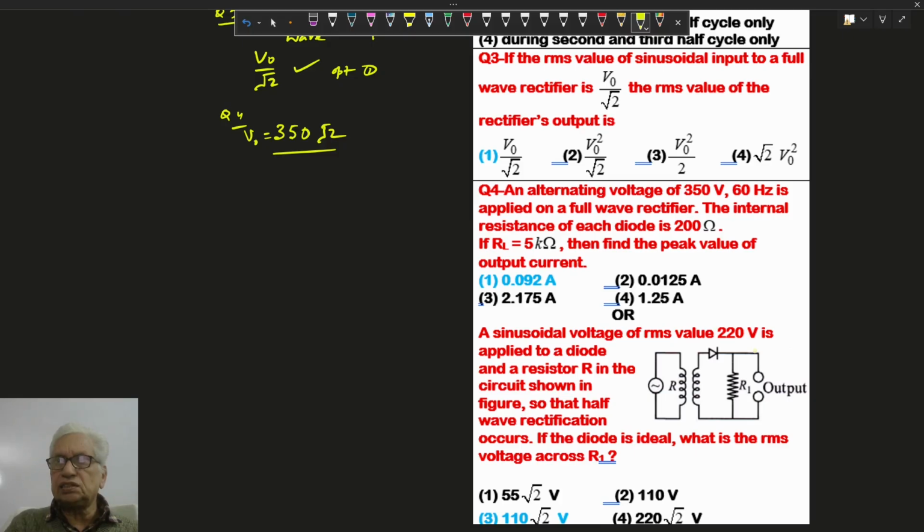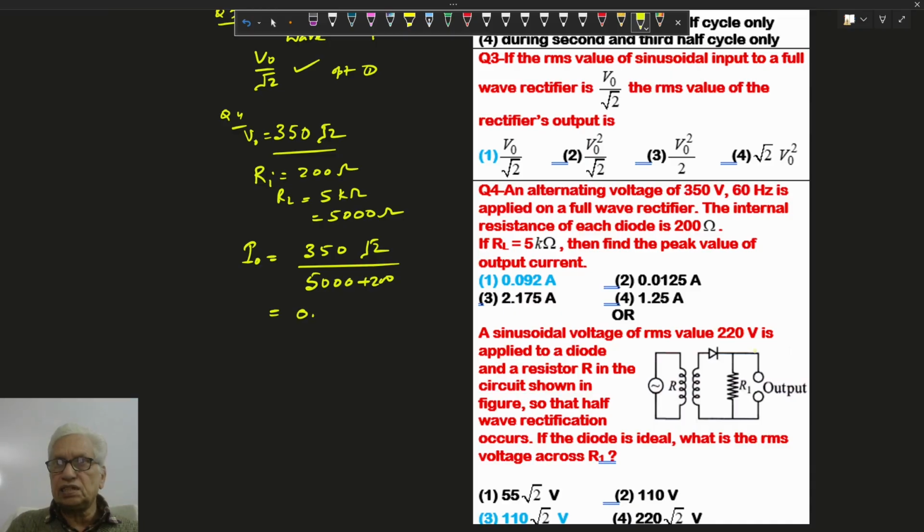The internal resistance is 200 ohm and the load resistance is 5 kilo ohm, or 5000 ohms. We have to find the peak current, the maximum current. The current is the voltage divided by the total resistance, 5000 plus 200. We solve it and get the current 0.092 ampere, so option 1 is correct.